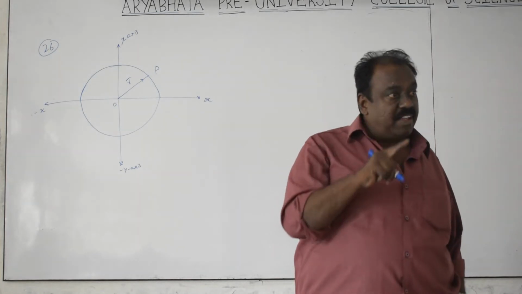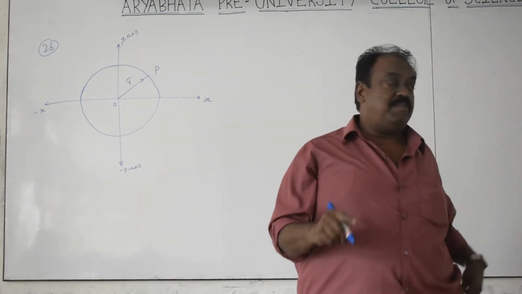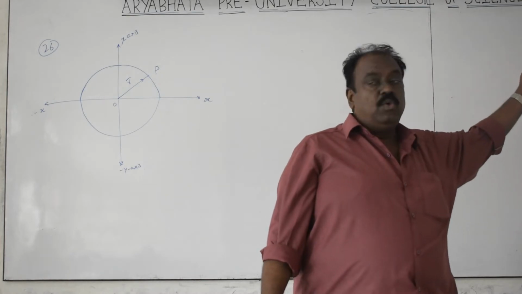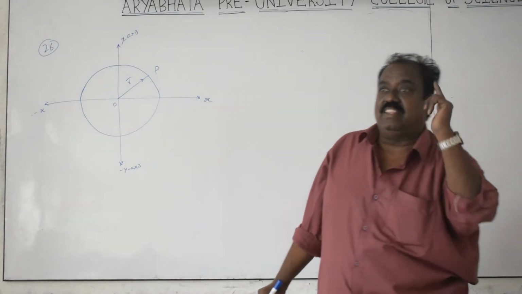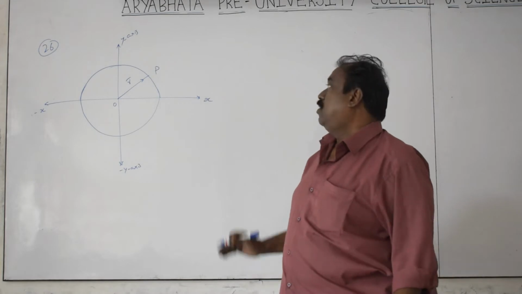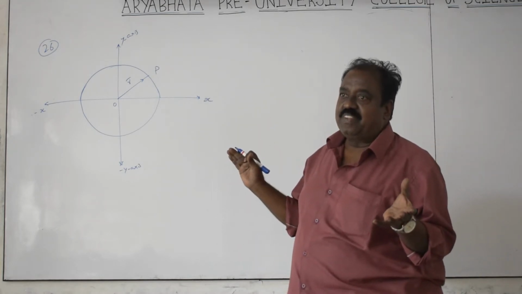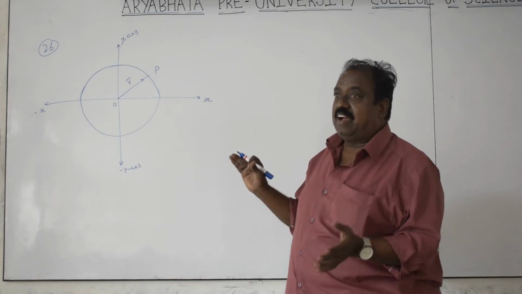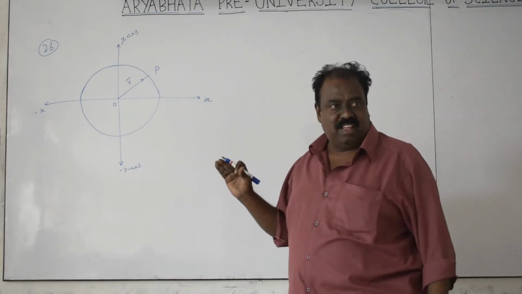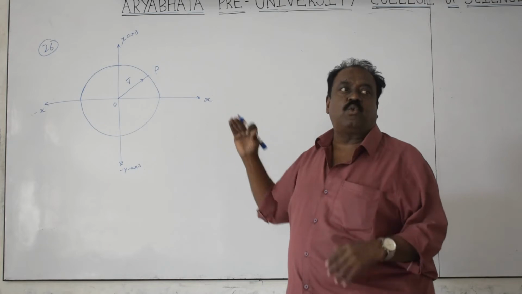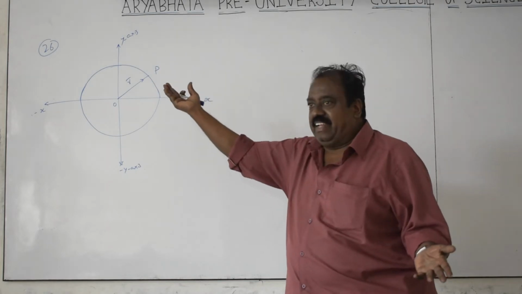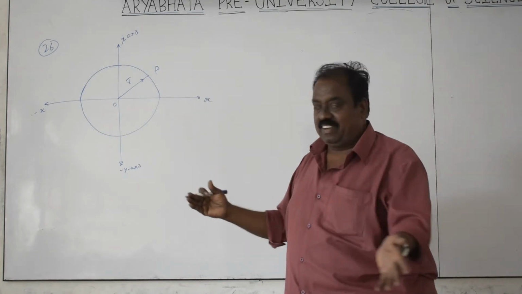Because we have to find the unit vector, unit length must be there. So OP bar is the position vector of the point P. P is here in the first quadrant, maybe in the second, third, or fourth; later we will discuss.